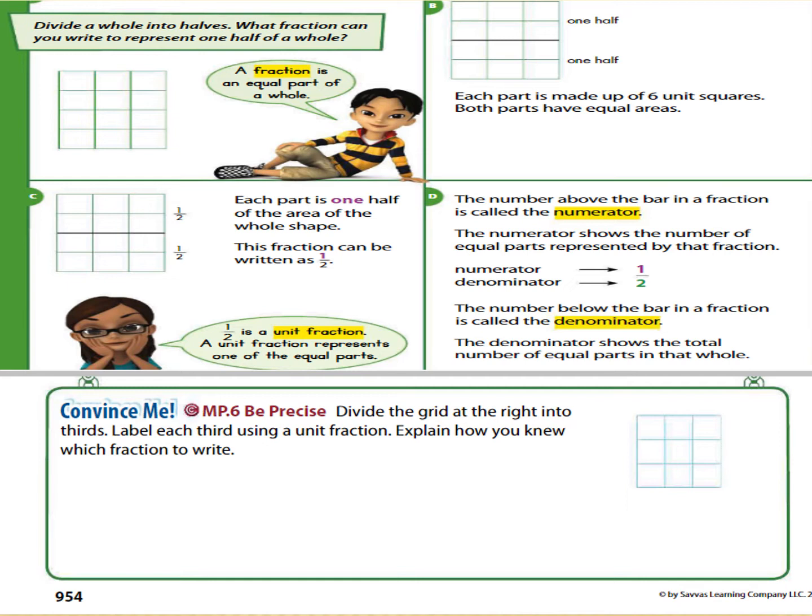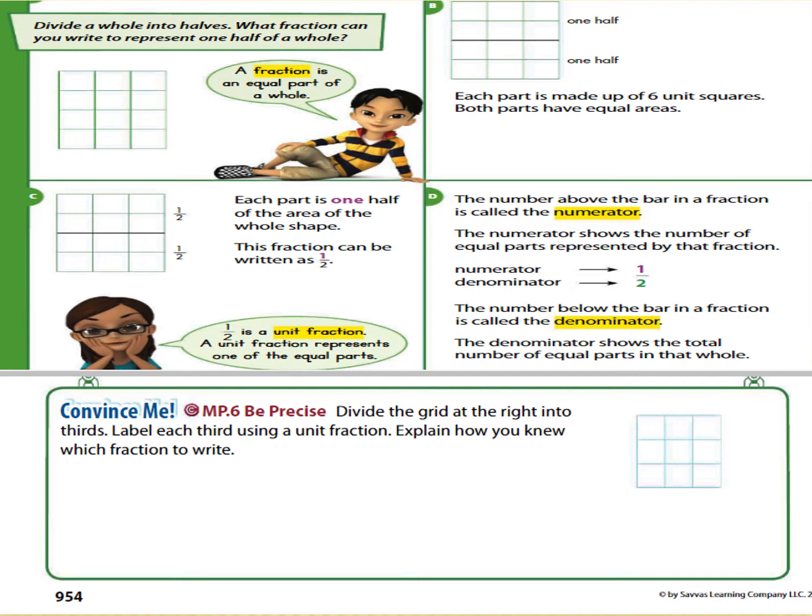Now divide the shape into 3 parts with 3 in each. After that, write the unit fraction below. Can you tell me the fraction of one part? Amazing, 1/3.